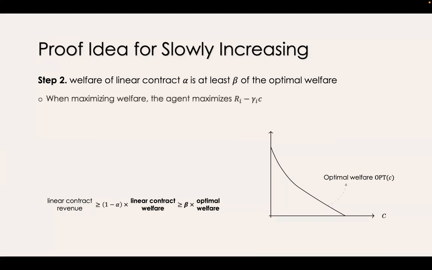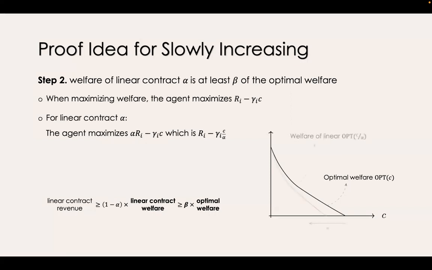To see this, note that when the agent maximizes welfare, the chosen action is the one that maximizes the expected reward minus cost. When the agent is offered a linear contract with parameter alpha, the chosen action is the one that maximizes an alpha fraction of the reward minus cost. Taking alpha out, this is the same as maximizing welfare when the types are scaled by a factor of alpha.